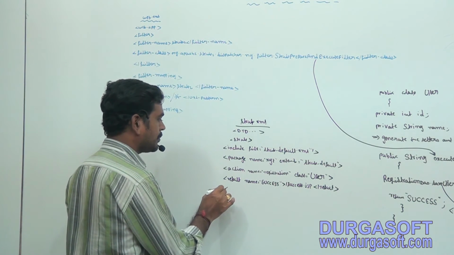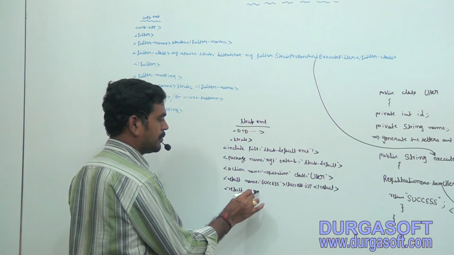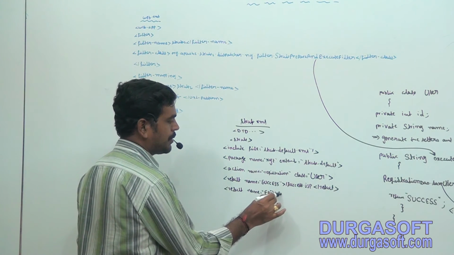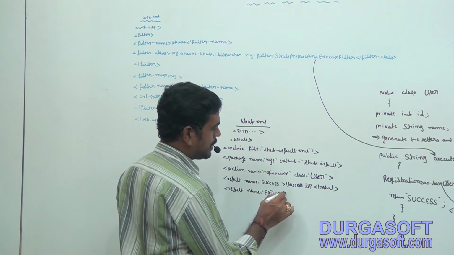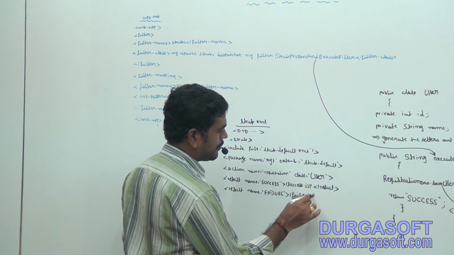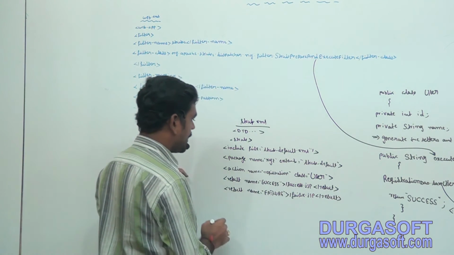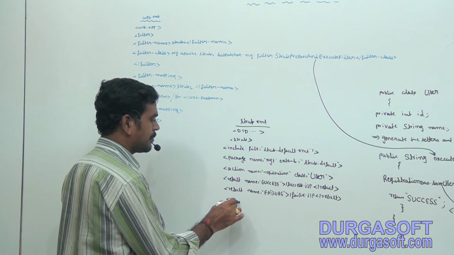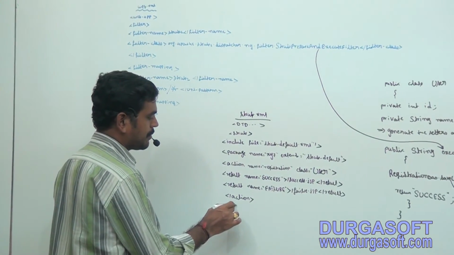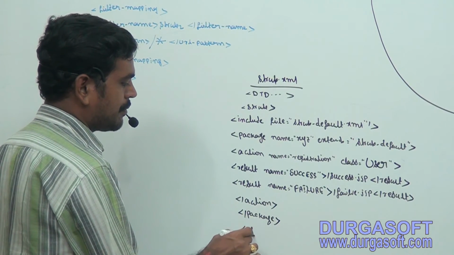The next, result name is equal to failure, then failure.jsp, then close the result, then finally close the action, then close the package, then close the struts.